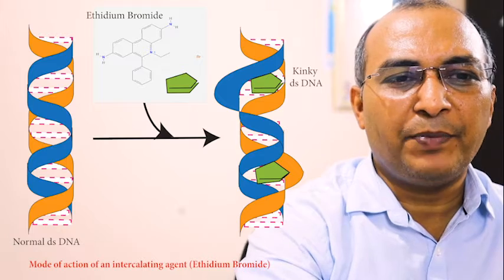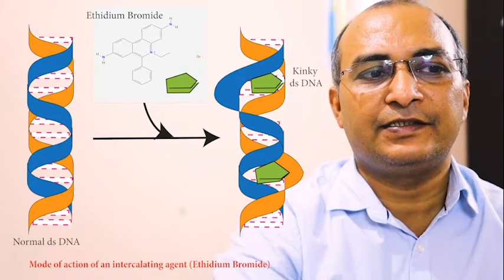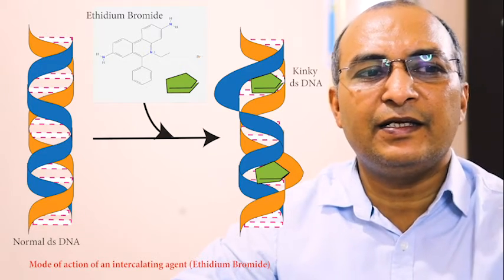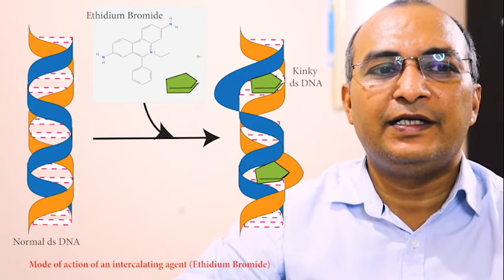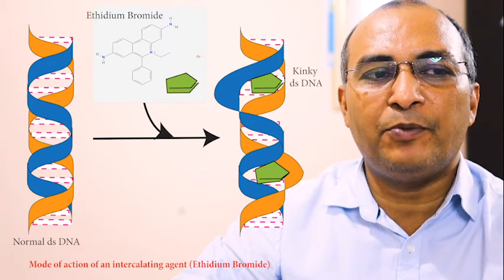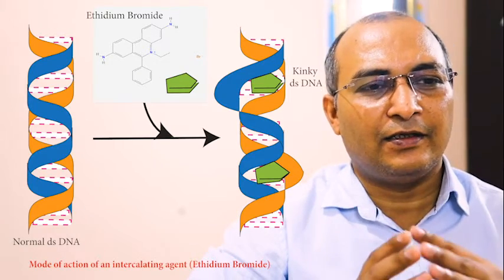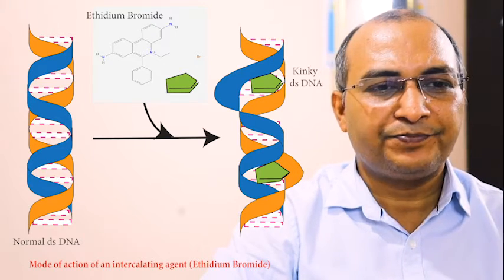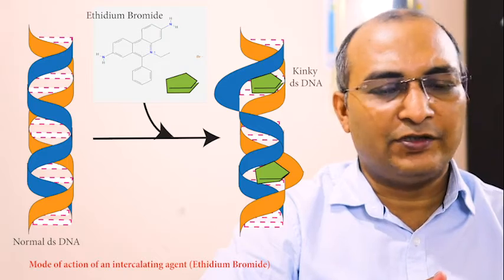One example of an intercalating agent is ethidium bromide. Ethidium bromide is a fluorescent dye used as a DNA stain. With the help of this stain, we can visualize DNA after our experiments carried out in gel electrophoresis.